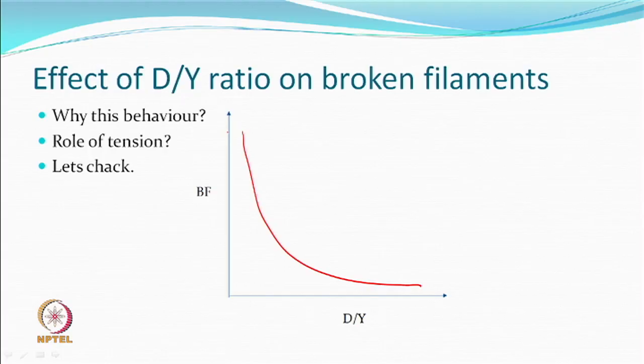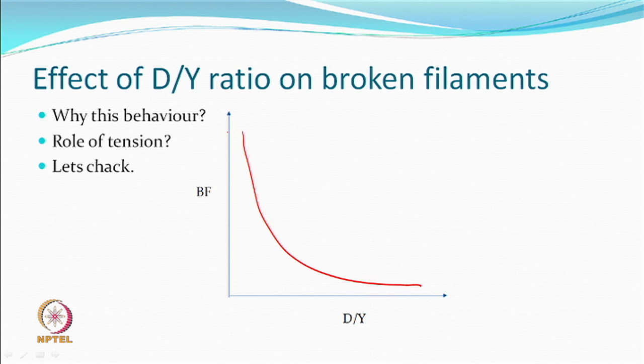So, we were somewhere here and we tried to argue in some way, maybe did not. The behavior, so far as the broken filaments are concerned: as the D by Y increases, the broken filament level decreases. In some way it is a silver lining.